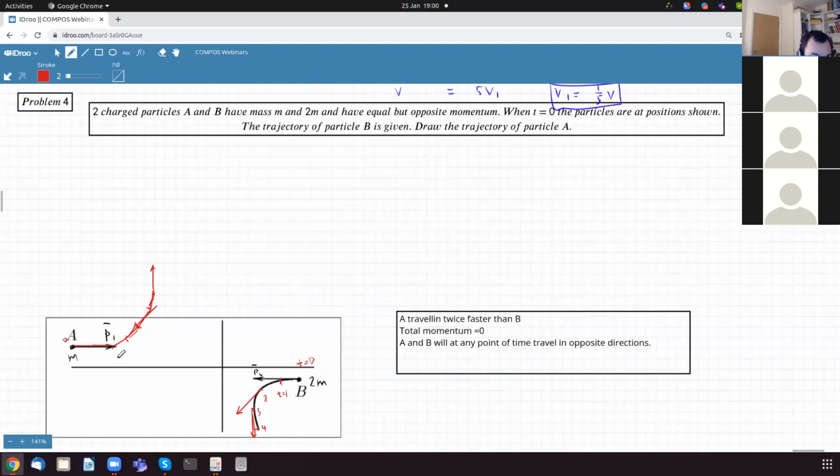At 4, it's traveling more or less this way. So this is the trajectory.